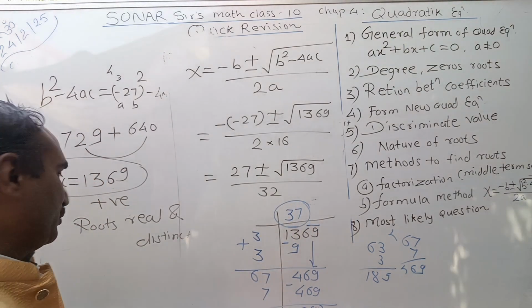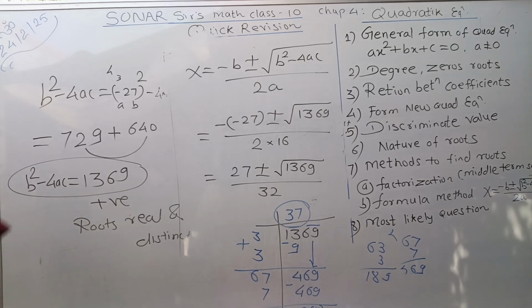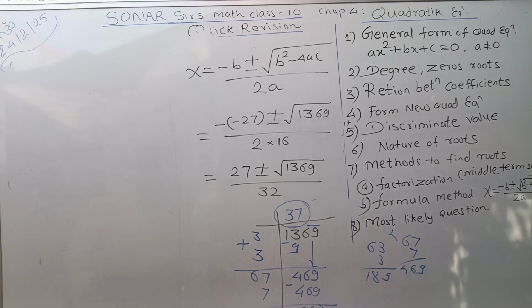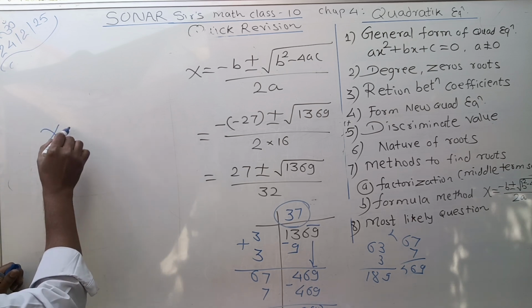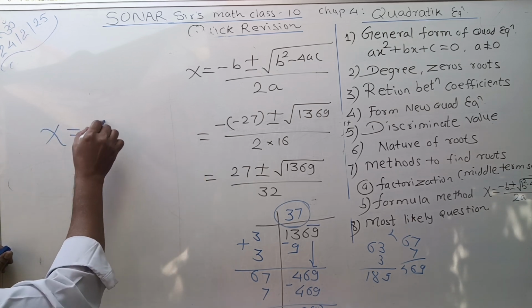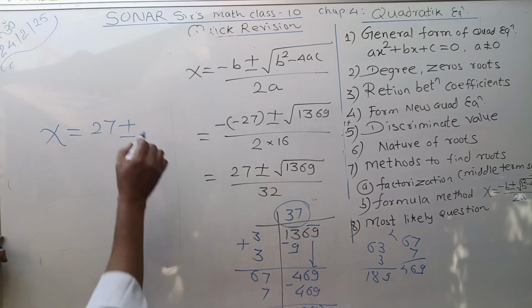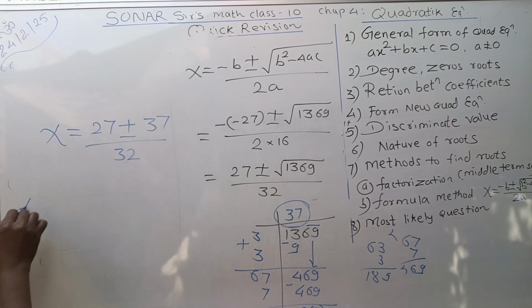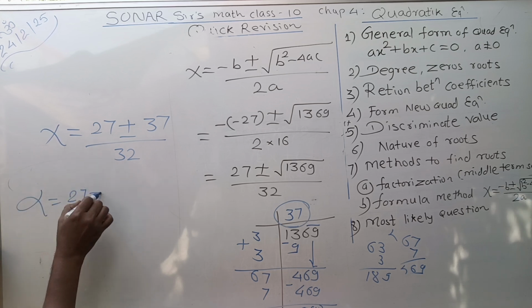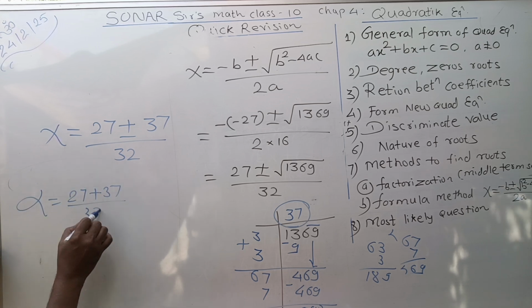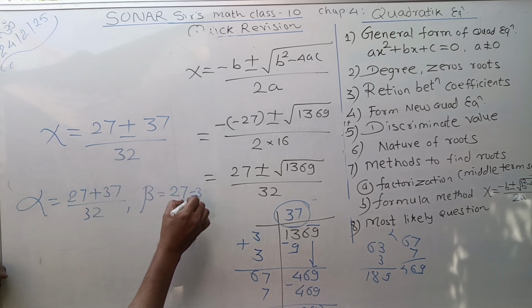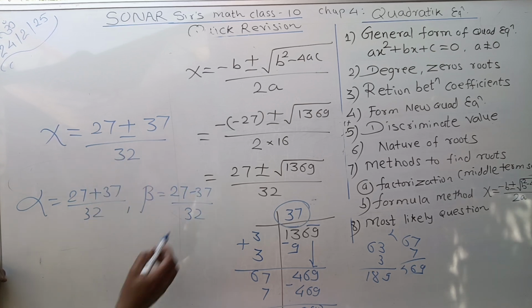So we'll make use of this number to find the zeros, that is the roots of the equation. So x is equal to 27 plus or minus 37 upon 32. The first root we can say is alpha, so we'll take the plus sign and divide it. The second root we'll take as beta, and 37 subtracted from 27, upon 32.